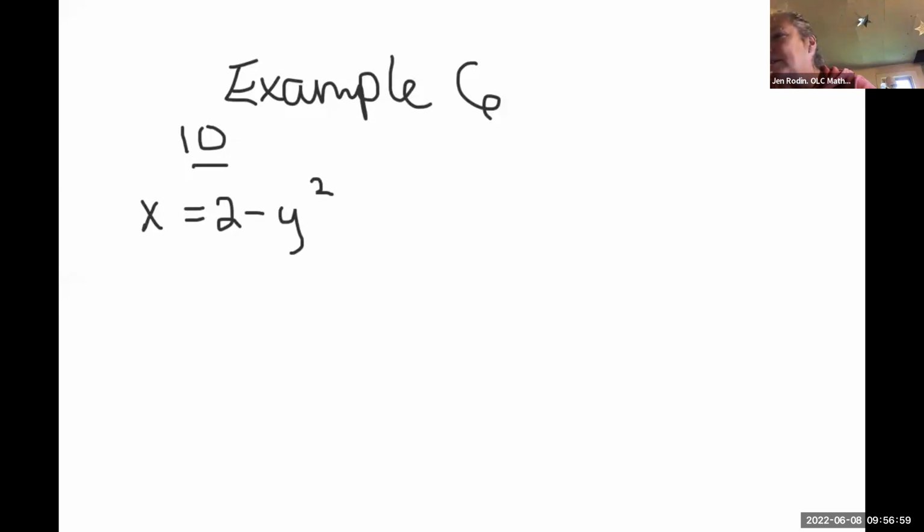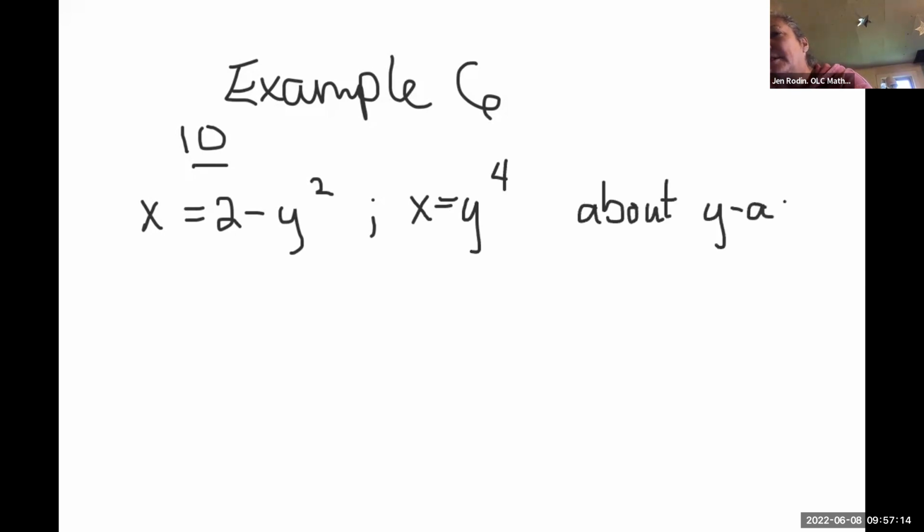So here, this one will be a little bit trickier. So number 10, x equals 2 minus y squared, and x equals y to the 4th. That's all they tell us. And we're going about the y-axis, find the volume.